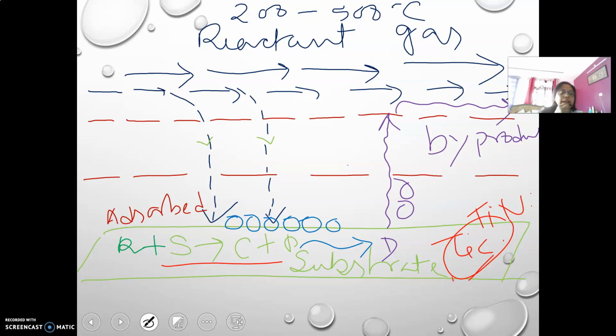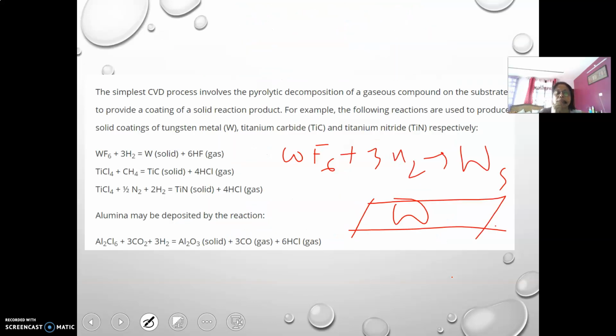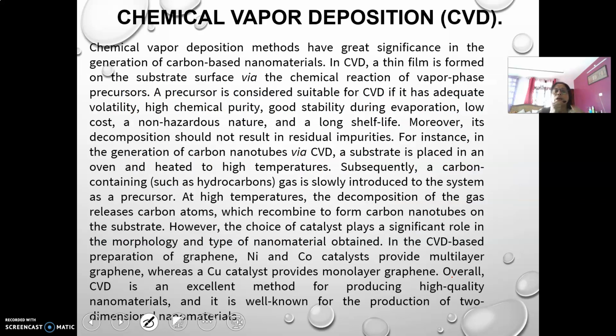Hence, this particular technique will give us a high purity substance if the reactants we take are in the pure state. And there are many operating conditions for CVD, because CVD deals with the preparation of vapor, so vapor pressure will play an important part.